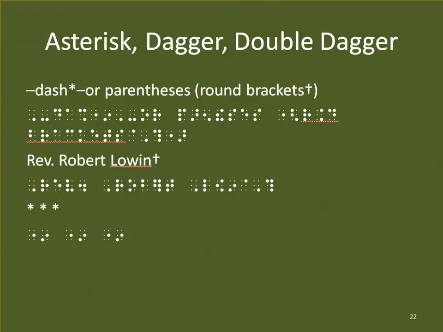It doesn't matter how it's used, a dagger is a dagger, and we Braille it just the way we see it. Or if we have 3 centered asterisks, say in a novel, it shows a break of scenery, we will use the asterisks spaced as they are in print, centered, and no blank line before or after. So again, no matter how it's used, an asterisk is an asterisk, a dagger is a dagger.